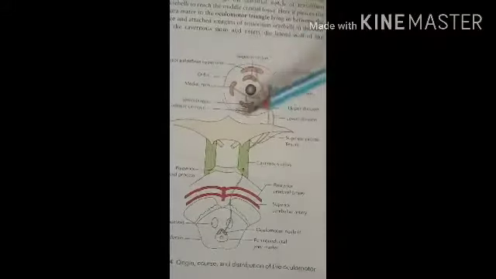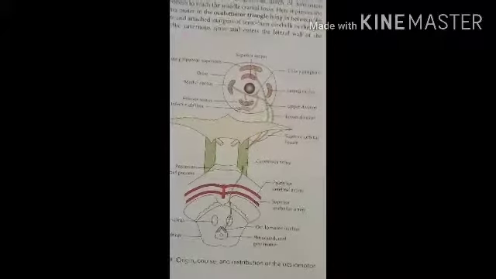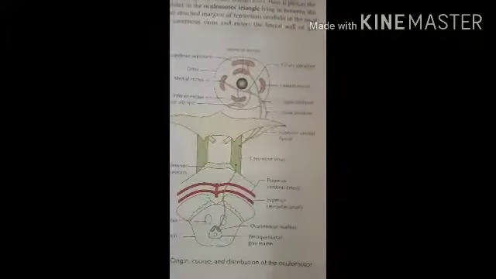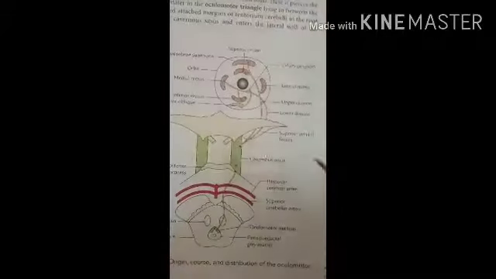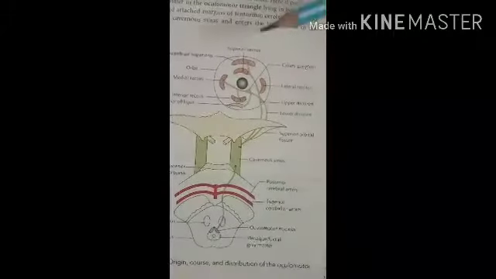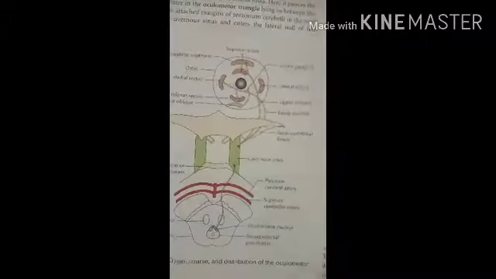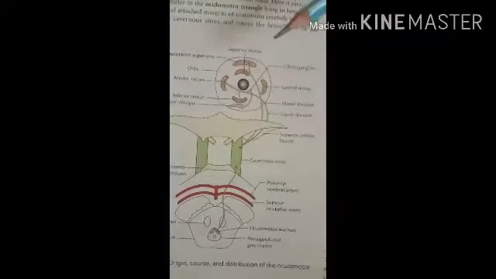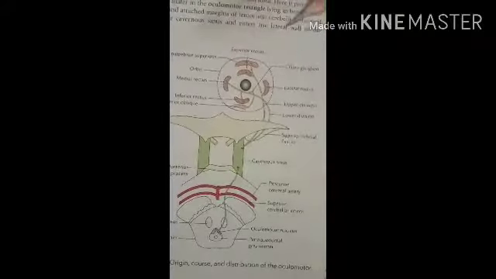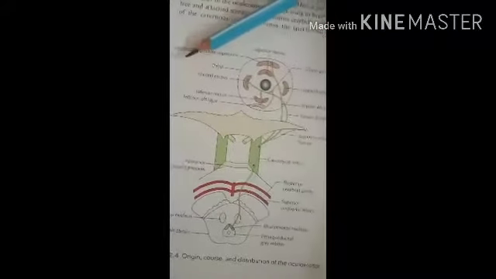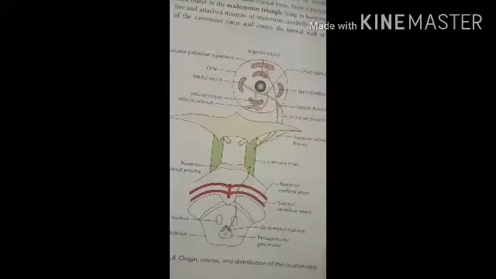Then the clinical application related to the oculomotor nerve. A lesion of the oculomotor nerve can cause the following symptoms. First, ptosis, that means drooping of the upper eyelid due to paralysis of the levator palpebrae superioris muscle.